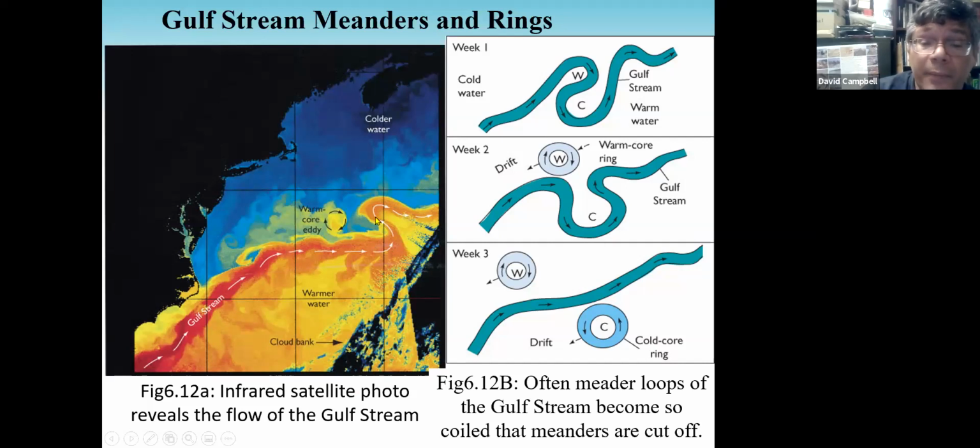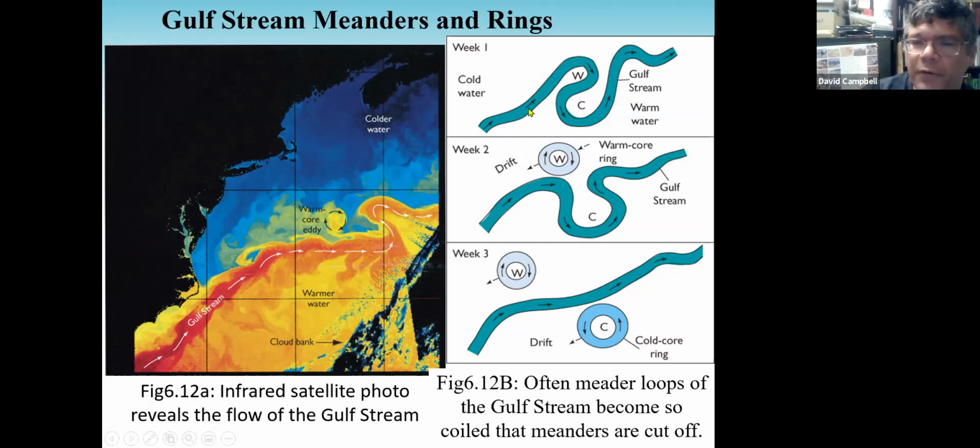This bend might eventually get broken off. And because of that, you could get this little patch of warm water with current circulation all around it that's drifting off into the cooler water beyond. Or you could go the other way and get a cool patch loop moving in towards the middle.